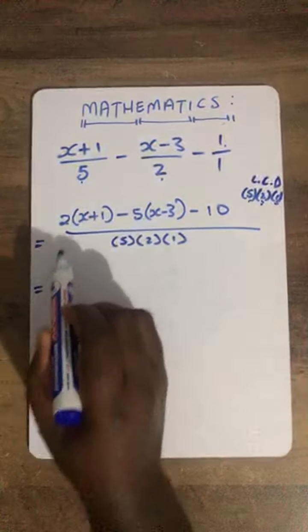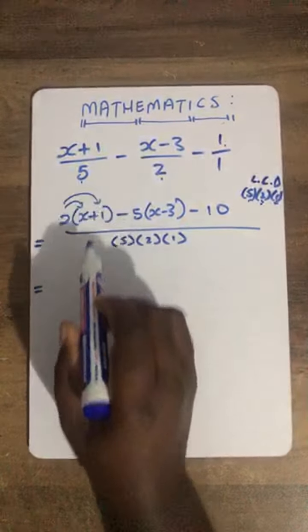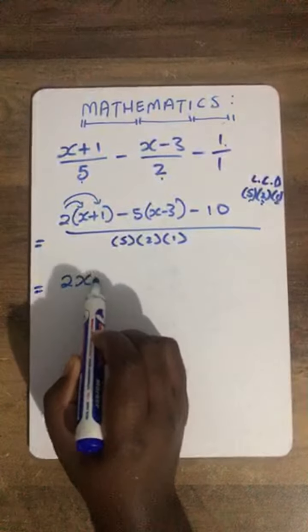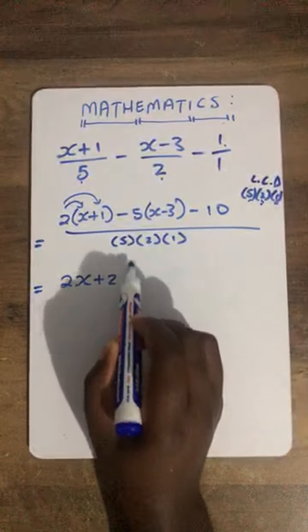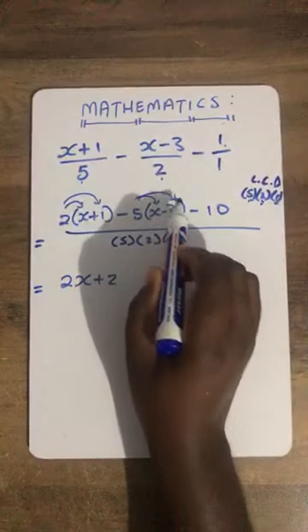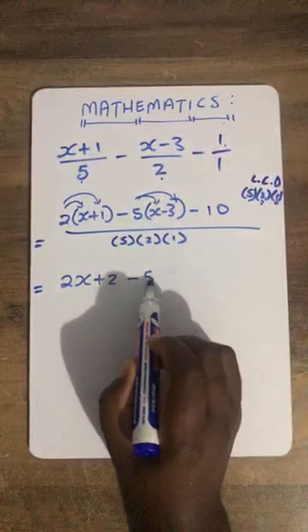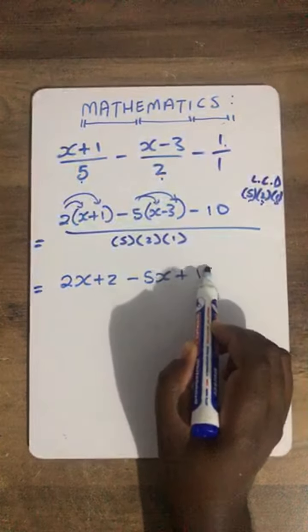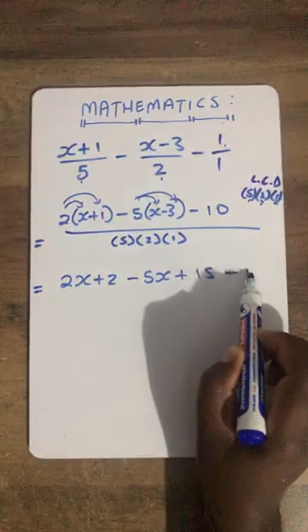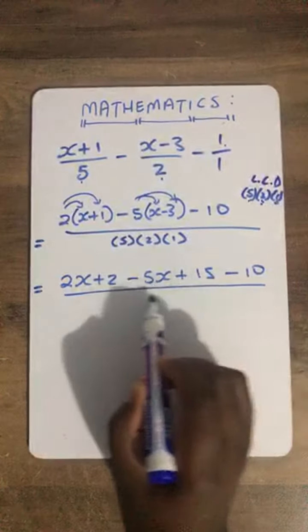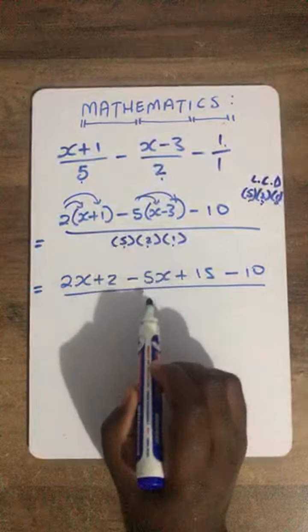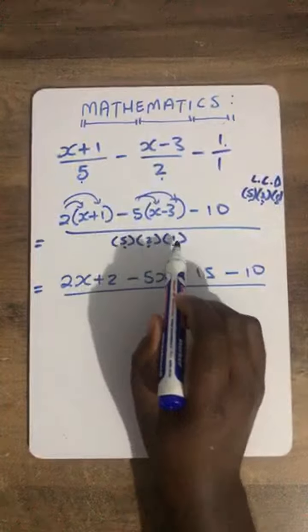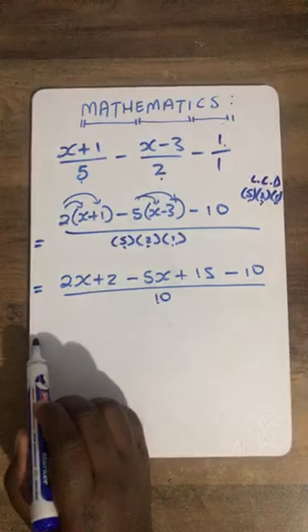So now let us see. You have 2x plus 2. Always where you have brackets, you must always remember to expand. You have 15 there, and it's a positive 15. You must never forget that minus 10 in the end. So what is that by that? By that, it's obviously 10, because that times that is 10 times 1, it is still 10.